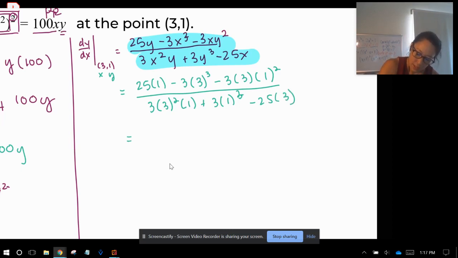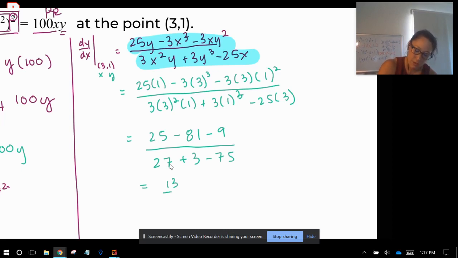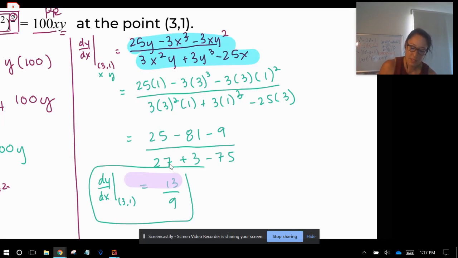Okay, so I got 25 minus 81 minus 9 all over 27 plus 3 minus 75, which I got as 13 over 9. So dy dx evaluated at 3, 1 would be 13 over 9. And this is our solution. That's the slope at 3, 1.